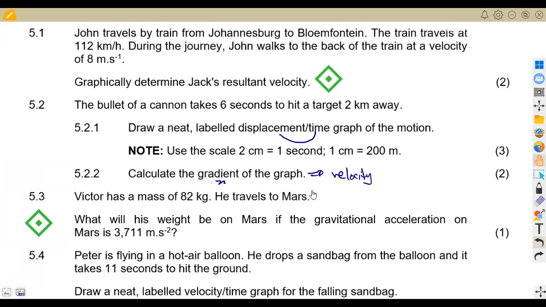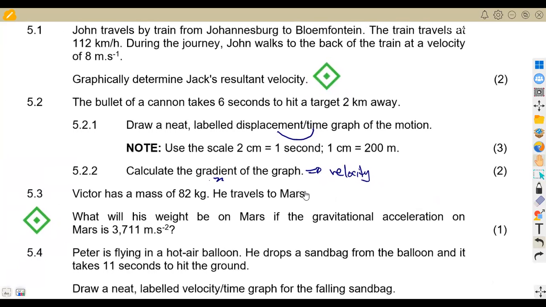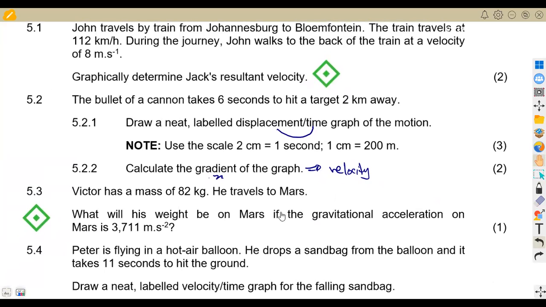Having 2 marks. On 5.3, we are given that Victor has a mass of 82 kg. He travels to Mars. What will his weight be on Mars if the gravitational acceleration on Mars is given? Take note, as we are used to 9.8, but in this case we are given another gravitational acceleration.